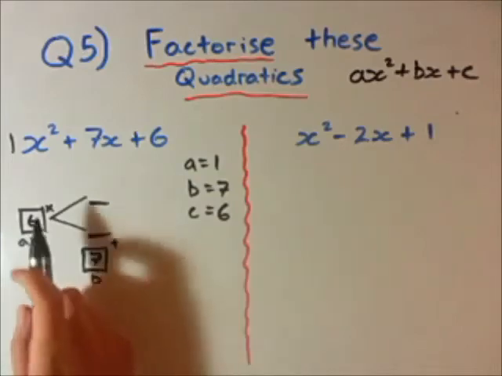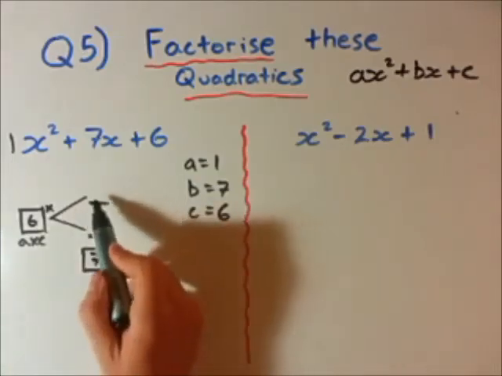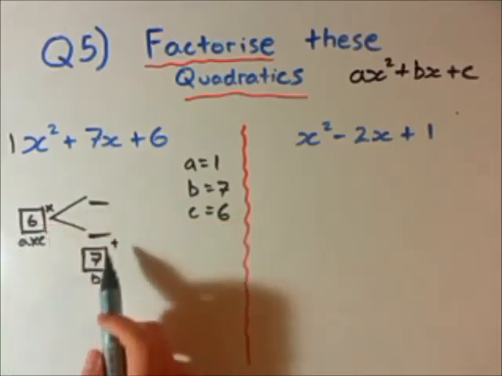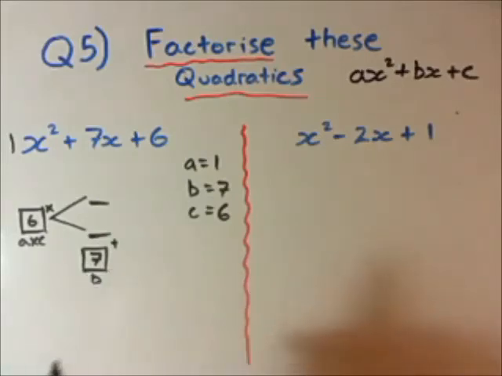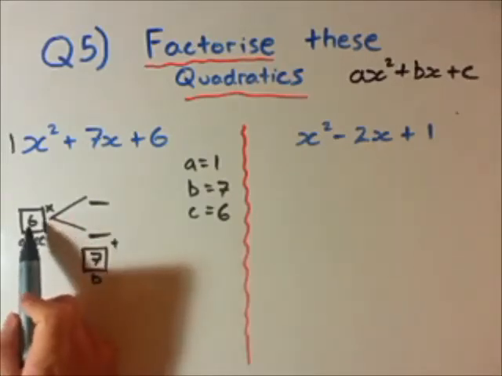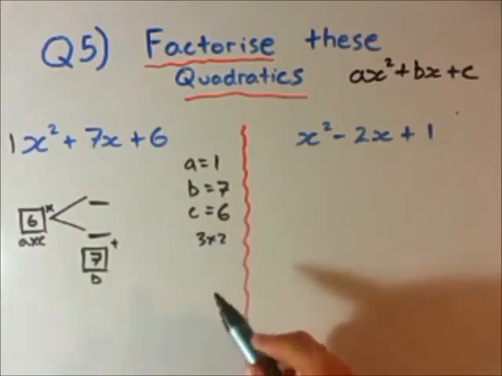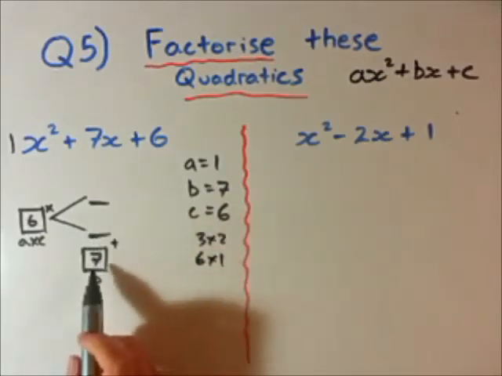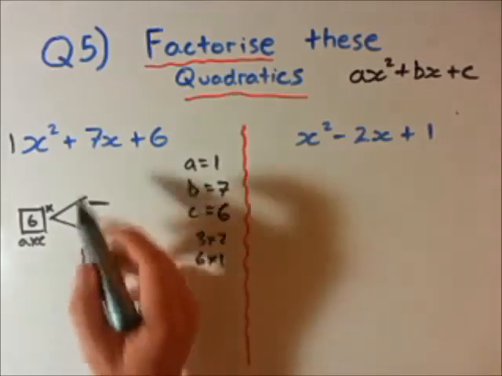Now, what are we doing with this times and addition sign? Well, we need to find 2 numbers that we're going to be writing on top of these lines that will times to give 6 and add to give 7. Okay? So 2 numbers. Well, let's look at numbers that times to give 6. You've got 3 times 2 and you have 6 times 1. Now, will 3 and 2 add to give 7? No, that adds to give 5. What about 6 and 1? Spot on.